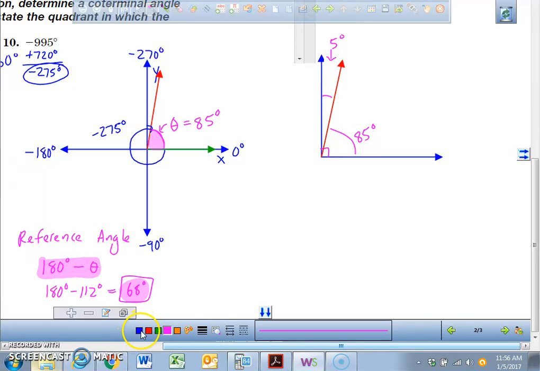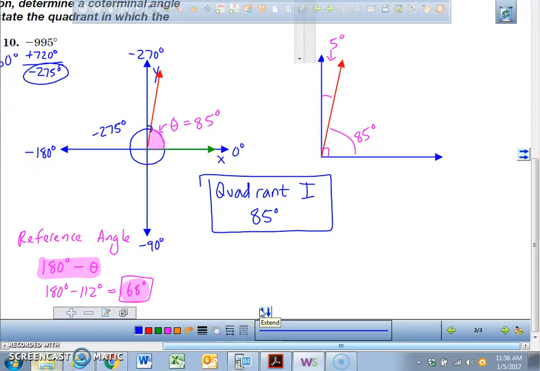So by the way, Tori, where did this finish? You said it finished in quadrant 1. And what is a coterminal angle with negative 995 that's positive? 85 degrees. By the way, here's a trick question.